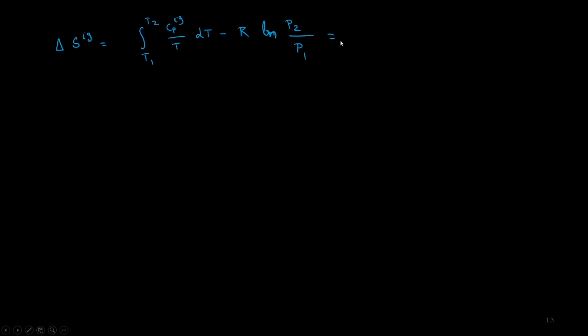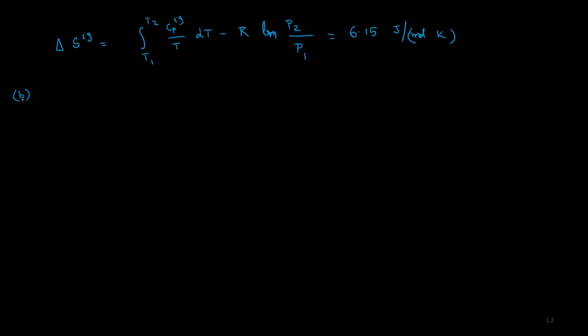This was the expression for change in entropy of an ideal gas. We can run through the calculation similar to the integral we have done earlier for enthalpy, and in this case we can get the value to be about 6.15 joule per mole Kelvin, right? So those two are pretty straightforward to calculate.